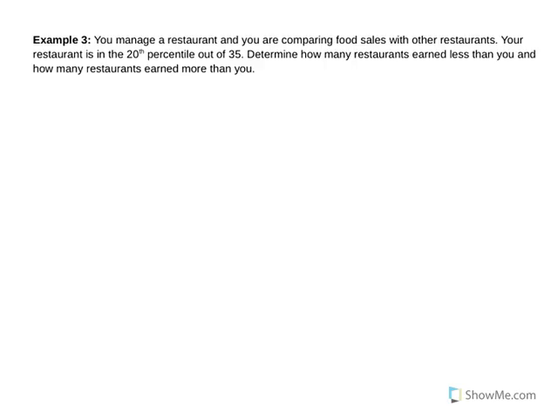Okay, example 3. You manage a restaurant and you're comparing food sales with other restaurants. Your restaurant is in the 20th percentile out of 35. Determine how many restaurants earned less than you and how many restaurants earned more than you. So we're going to work backwards. So B over N times 100 equals 20 for the 20th percentile.